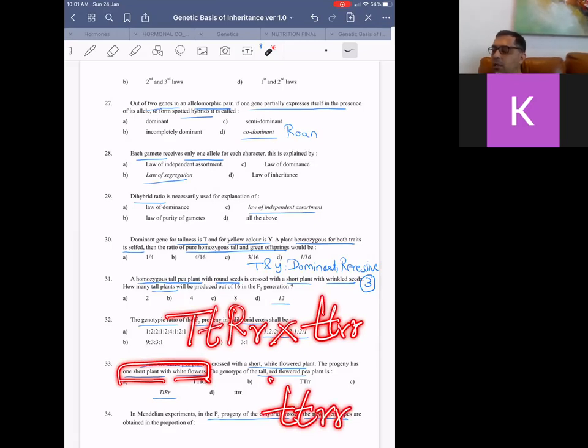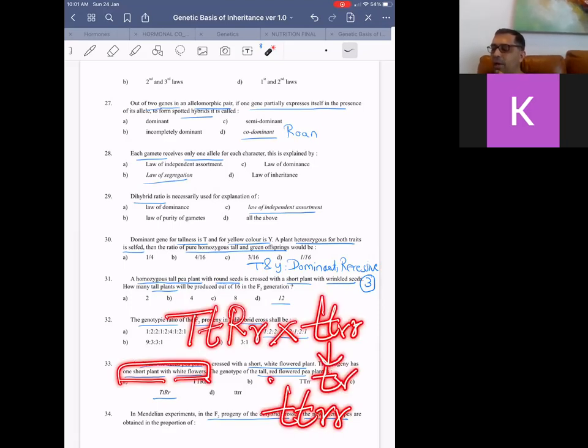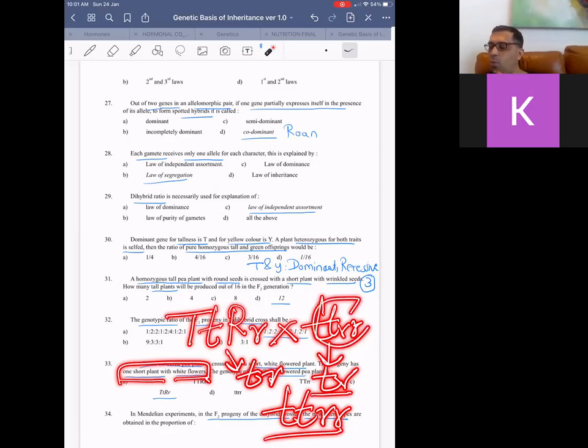That means one small r has come from the double recessive parent, but one small r has come from the double dominant parent. In other words, the short plant with white flower got small r from the short and white parent, but got one small r from the tall and red parent.